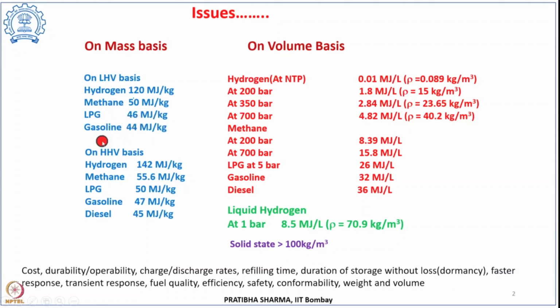What is the basic property of hydrogen? We already studied it in the first class. The diffusivity of hydrogen is very high, and the viscosity of hydrogen is very low, and it is a very small molecule.